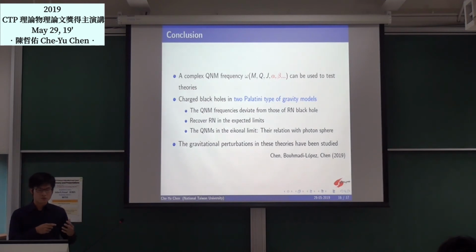Here we consider two kinds of gravity theories, the charged black hole in these two theories, and we show how the frequency deviates from its GR counterpart, and it has its GR limit. Also the quasinormal mode in the eikonal limit can be described by properties of the photon sphere. Basically these properties are very important for quasinormal modes. Sometimes it is violated, but at least in this case, it is satisfied.